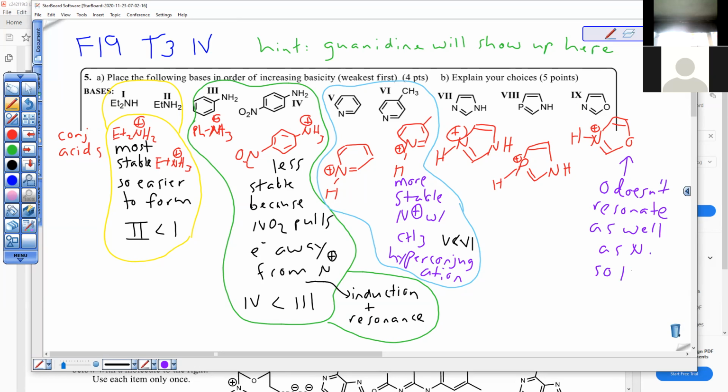So IX is weakest here. Oh, by the way, these are all imidazole variants. So they're going to be a little less basic, but better than these and worse than those 2. So these are going to be in the middle.